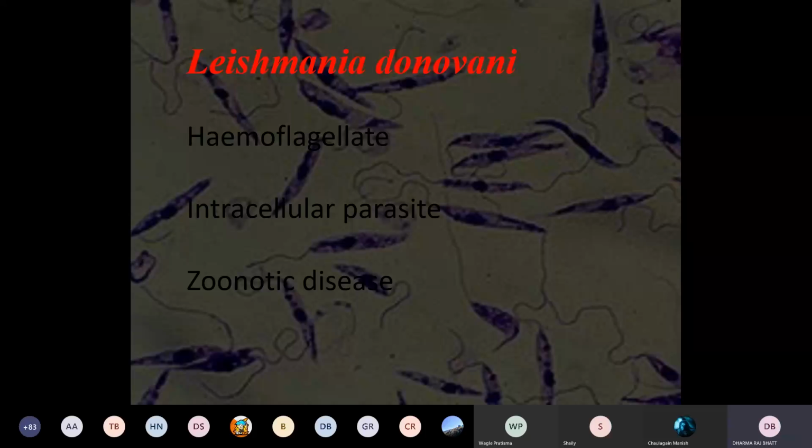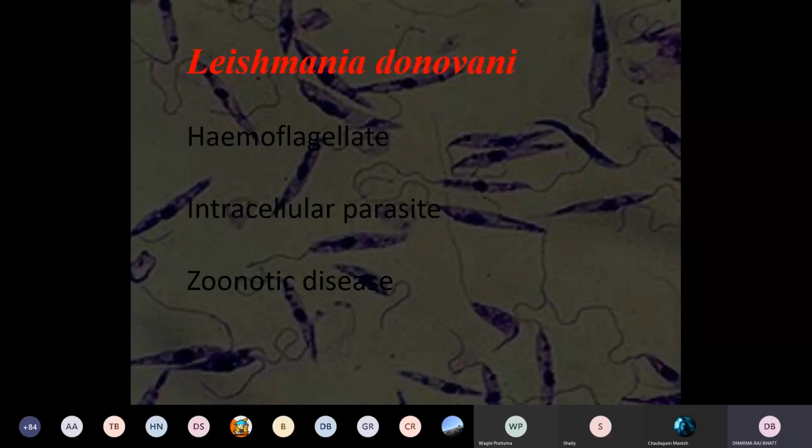Leishmania donovani is one of these hemoflagellates which resides in the peripheral blood and has flagella, right? Any other hemoflagellates, apart from Leishmania? Sometimes you may be asked, name some hemoflagellates in a viva. Trypanosoma. Trypanosoma, good.